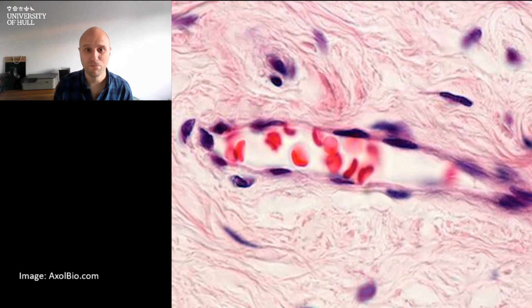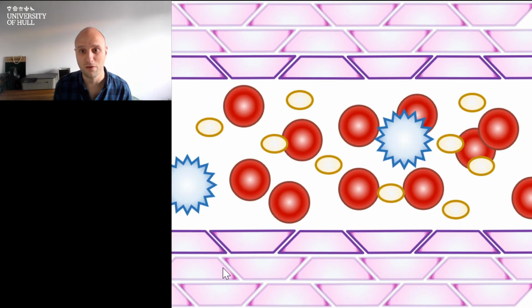So here is a picture, a slice through a blood vessel. You can see the endothelial cells here. We've got some red blood cells in the middle. This is the lumen of the blood vessel, and then we've got perhaps some subendothelial tissue here, and whichever tissue cells these are surrounding that small blood vessel. And this is our diagram representation.